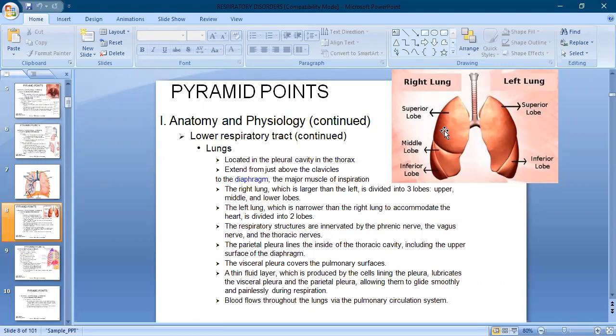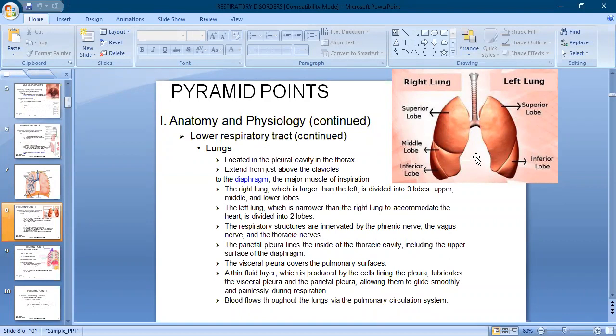And as I told, the right side has 3 lobes, but the left side has 2 lobes, superior and inferior. But the right side has superior, middle, and inferior. And this is the area for the heart, and this is called the mediastinum.